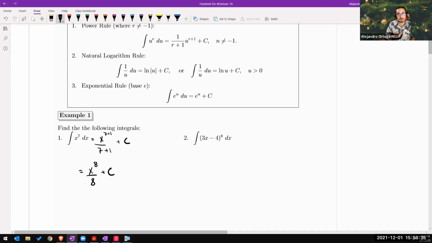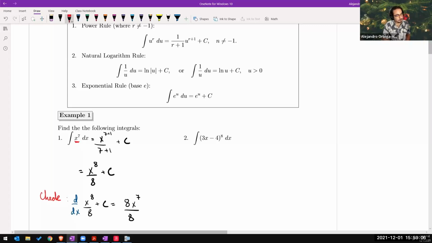And again, the nice thing about derivatives and integrals is that we can always check them. If I choose to check it, I can just take the derivative and see if I'm back to the x to the 7. So if I take the derivative of x to the 8th over 8 plus c, then we simply bring down the 8, take away 1 from the power, and the whole thing is being divided by 8.